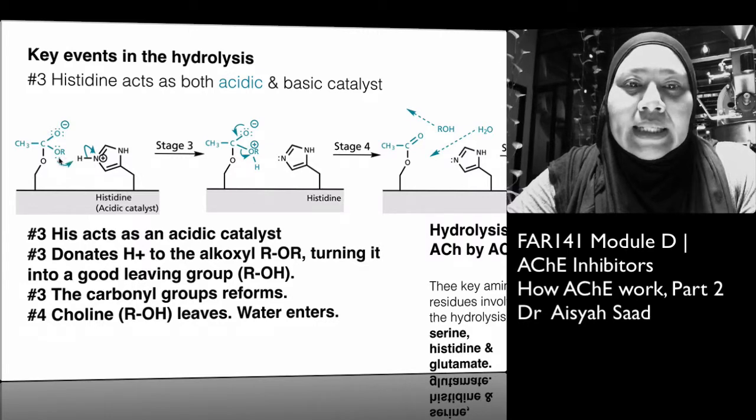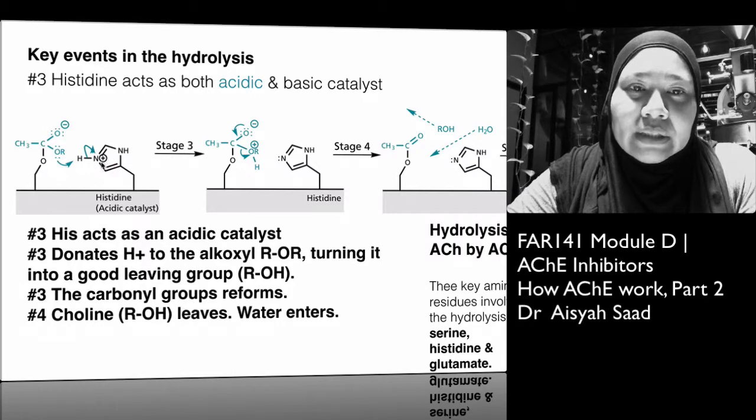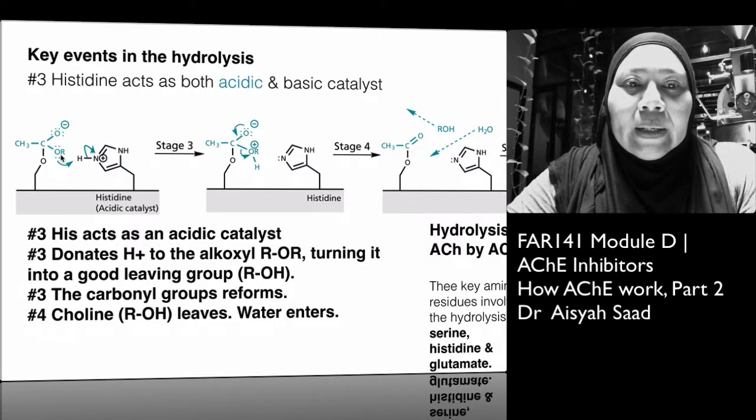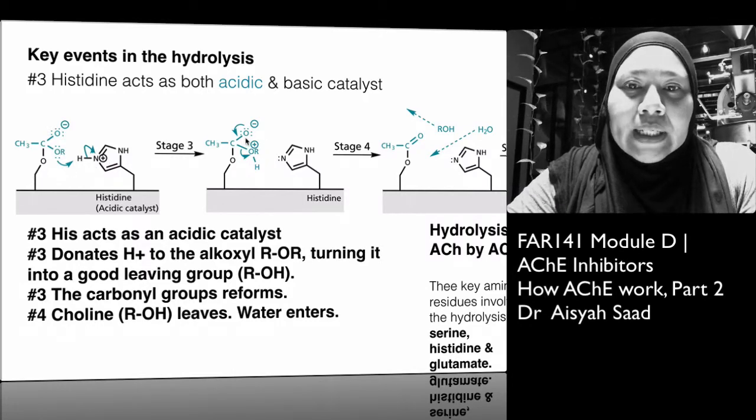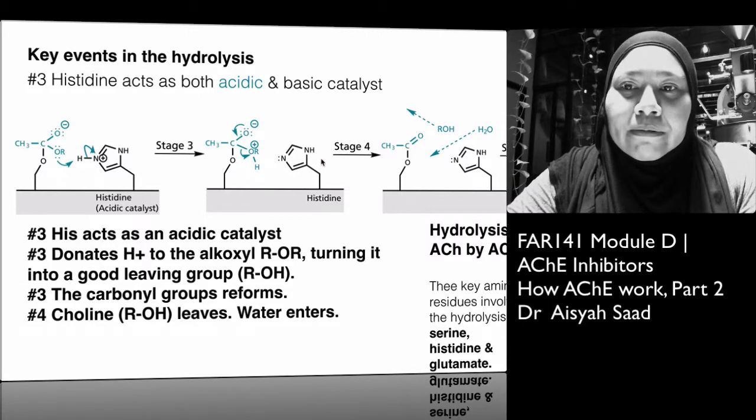So that now it will neutralize the charge on itself, and then this will form a good leaving group. This is an alcohol. Again, the charge on this particular intermediate will be neutralized. It will reform a carbonyl, and then that will leave as an alcohol, an ROH.